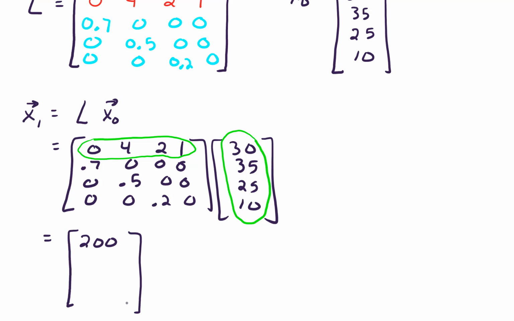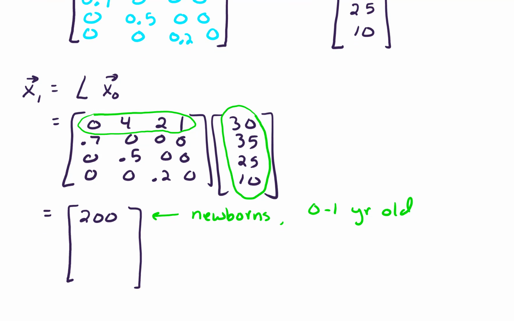So I'm just going to put a note here. This was the number of newborns. Well, we usually don't refer to beetles as newborns, but we could say these are the 0 to 1 year old beetles.